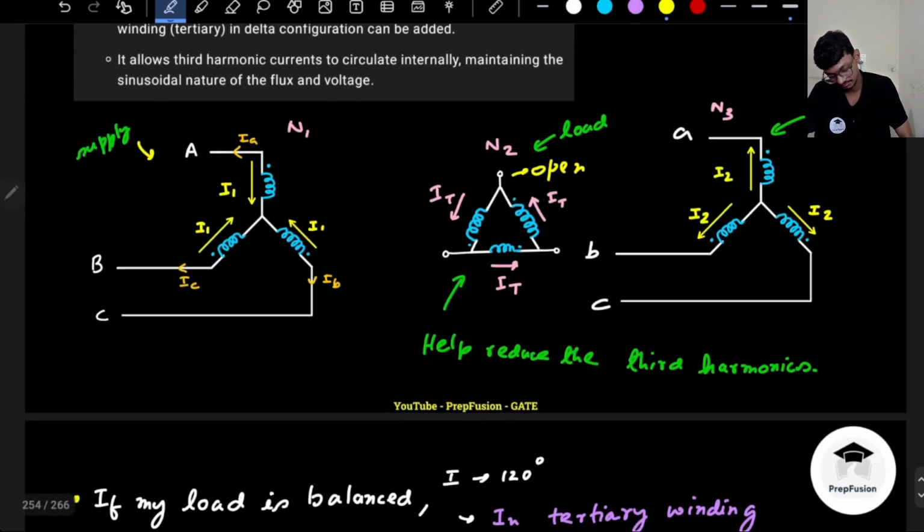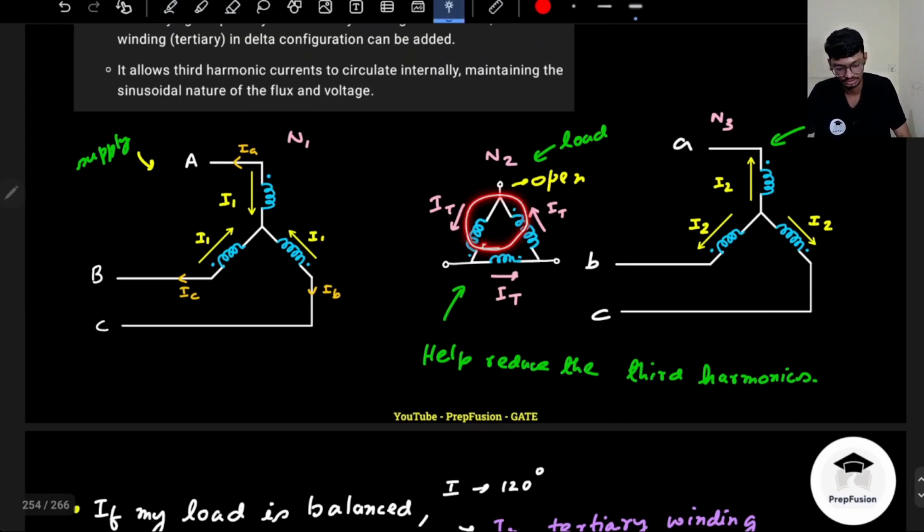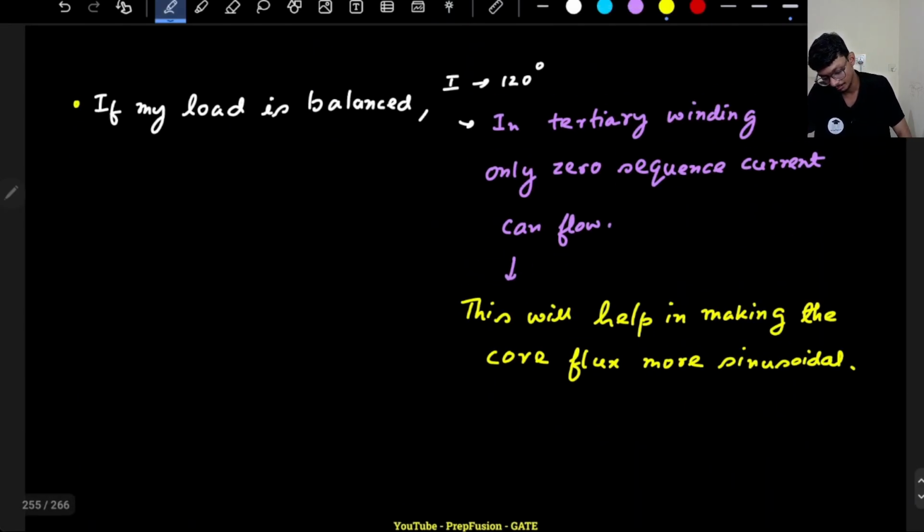Now you might say, sir, here some zero sequence current is flowing, and here a purely sinusoidal current is flowing. How is it possible? So there will be an MMF balance equation, and the primary will help in MMF balance. Okay, the primary side will balance the MMF.